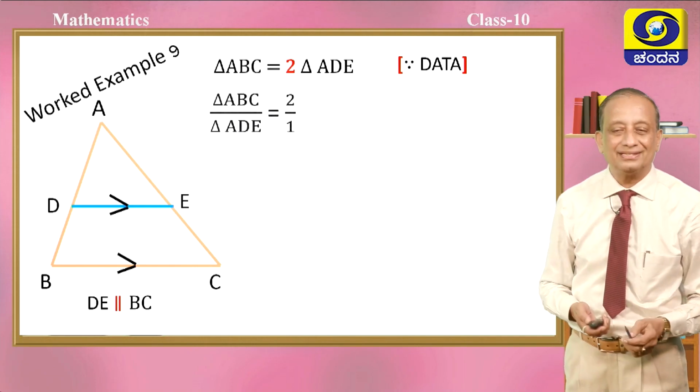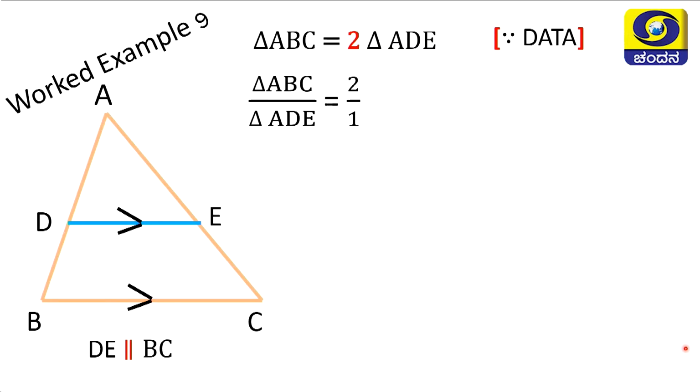Therefore, if you write this in the form of a ratio, we can write it as triangle ABC divided by triangle ADE is 2 by 1. On cross multiplication, you go back to the same equation. Now concentrate on the figure. Look at the figure and assume that AB is the transversal.